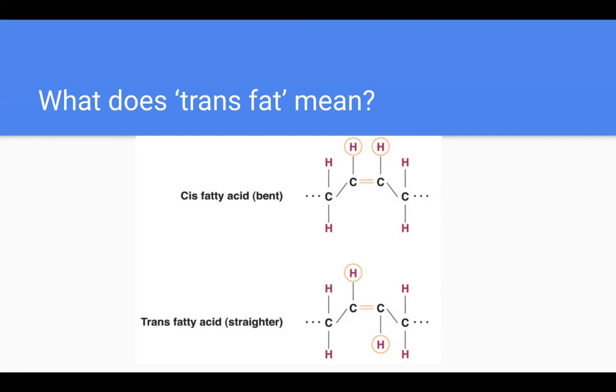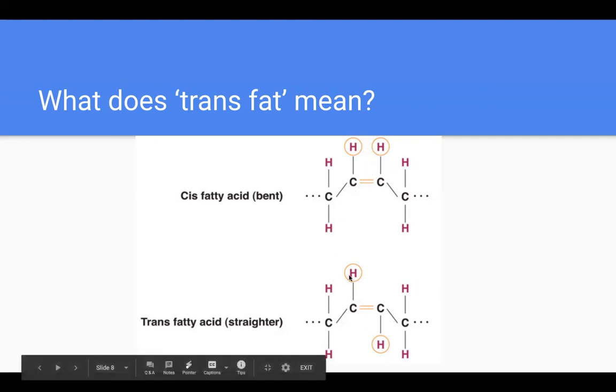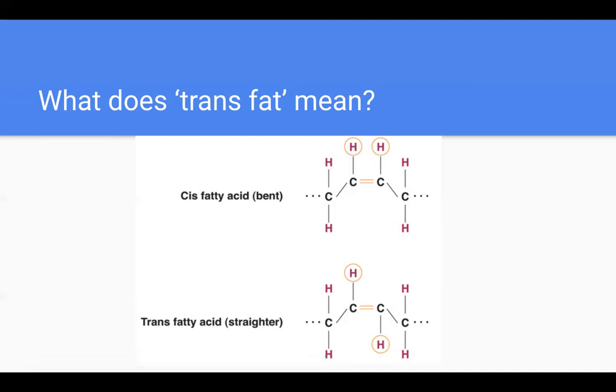Naturally, we generally see fats in the cis fatty acid form. Both of the hydrogens that are connected to this bonded carbon are on the same side of the structure. However, with trans fat, we see that one hydrogen atom is at the top, one hydrogen atom is at the bottom, which makes for a more straight molecular structure.